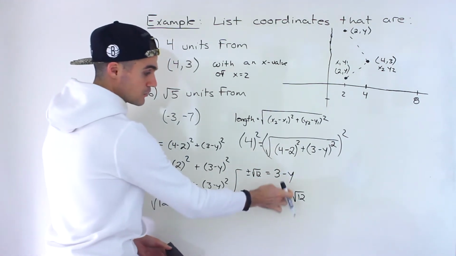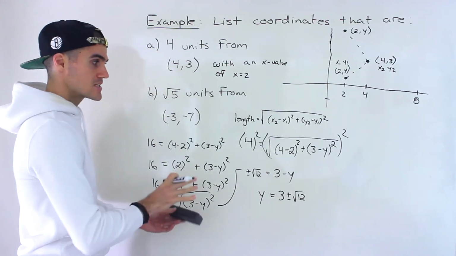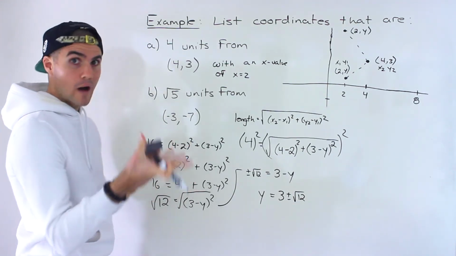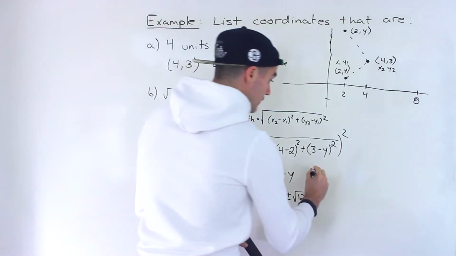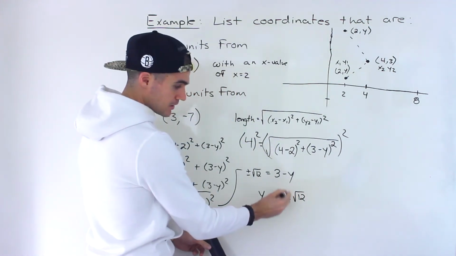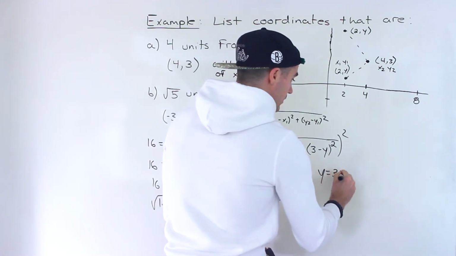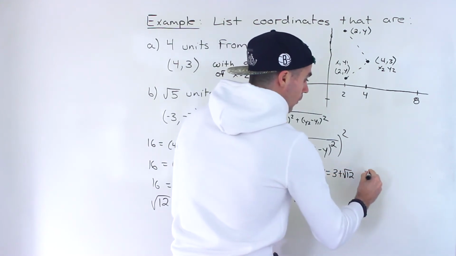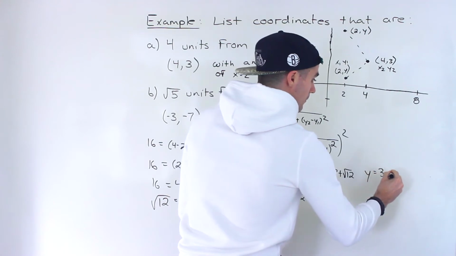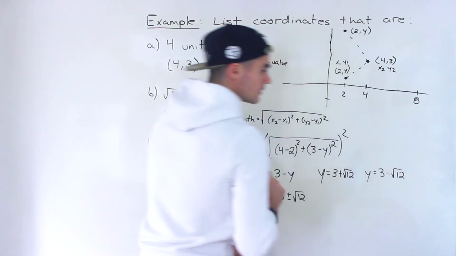So you still end up with plus or minus. And so the two y values that you would have, because notice it's a plus or minus here, so there's two solutions. The two y values would either be 3 plus root 12 or 3 minus root 12, like that.